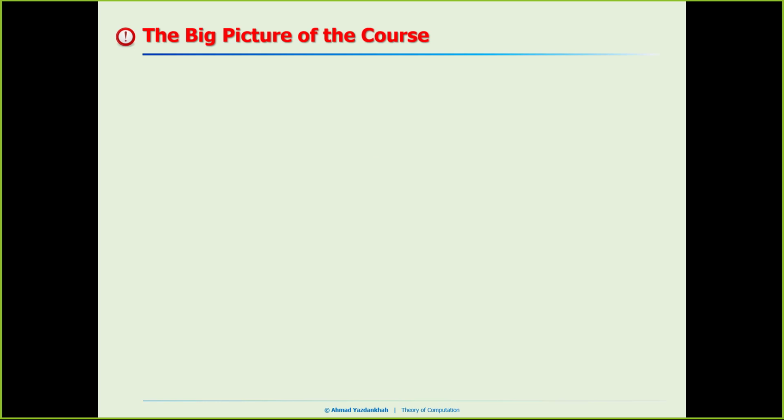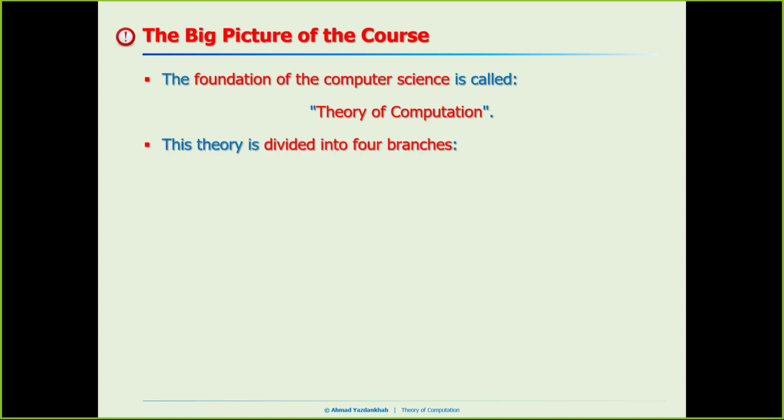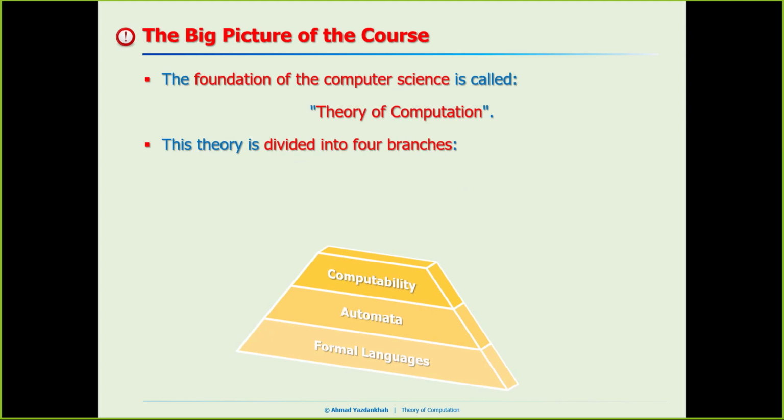Let me first review the big picture of the course that I gave you on the first day. You remember we said the foundation of computer science is called the theory of computation, which is this course. Actually, this course is a taste of that. So this theory is divided into four branches: formal languages, automata theory, computability, and complexity.